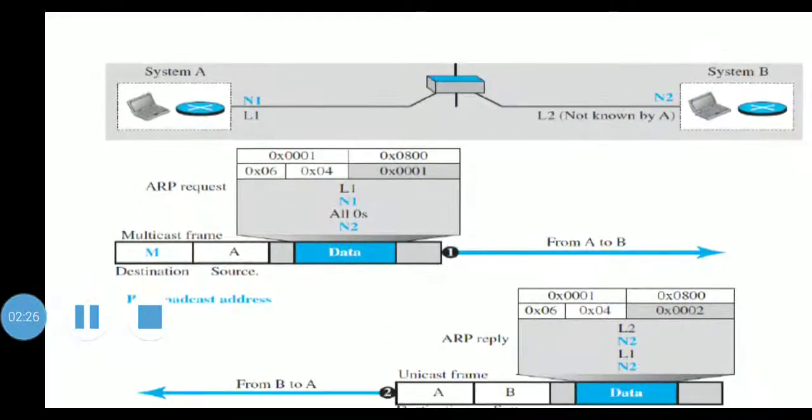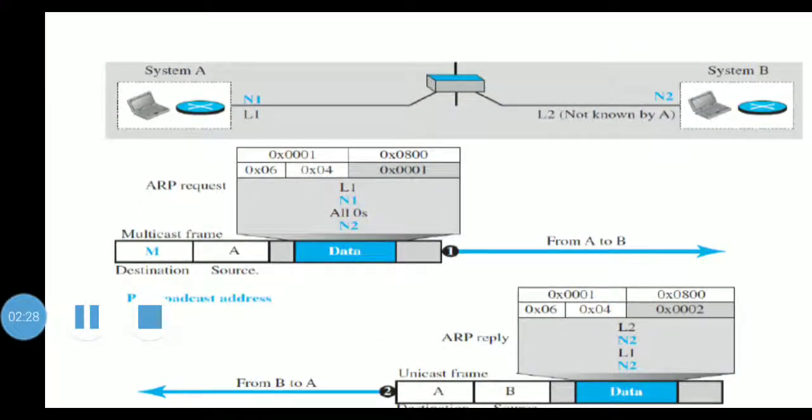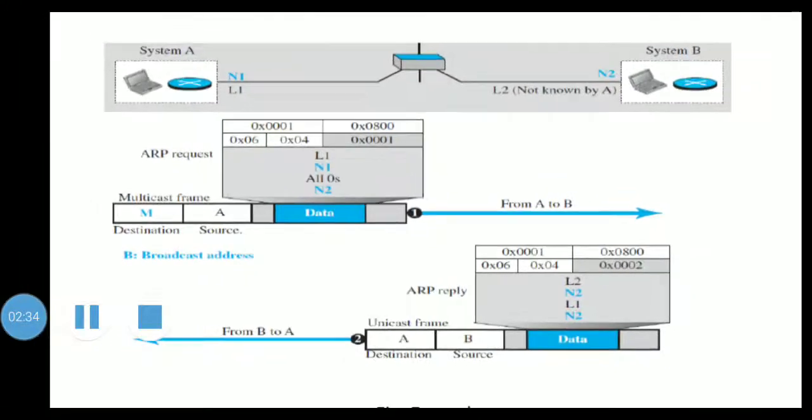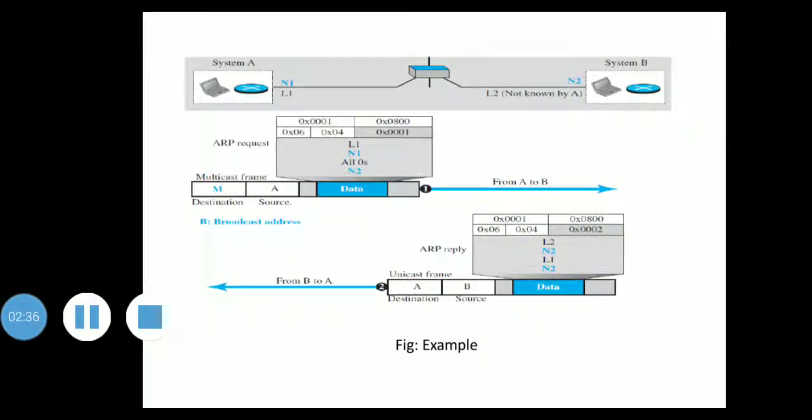This diagram is showing an example of that particular aspect. So this figure shows the example. Is it clear?